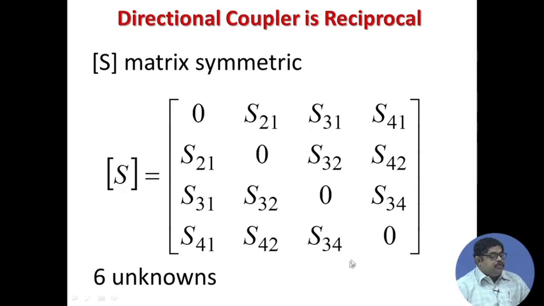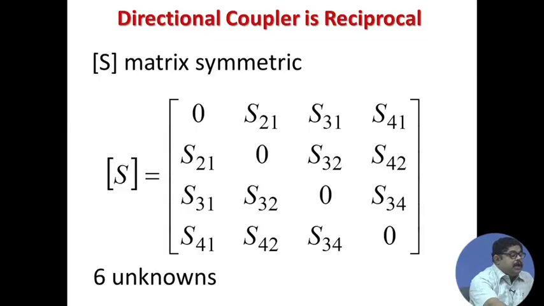So, 6 unknowns are there in the S matrix. For the directional coupler we have invoked 2 properties, one is matched at all ports, another is symmetric. A 4 by 4 matrix means 16 elements, out of that we have eliminated 10. So, it now has 6 unknowns.